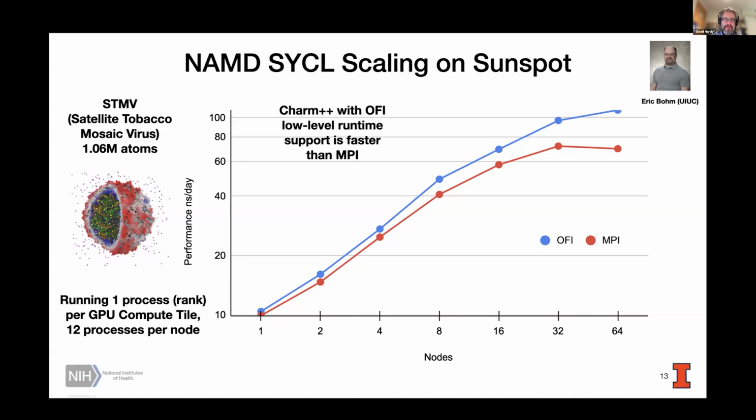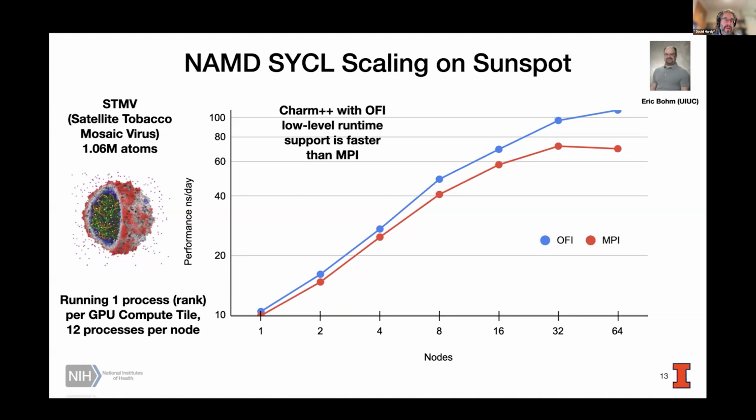The big contribution here was basically getting Charm++ built with OFI low-level runtime support on Sunspot and Aurora. I haven't told you much about Charm++ yet, but Charm++ is the parallel framework that NAMD uses. It's an asynchronous message-driven programming framework.